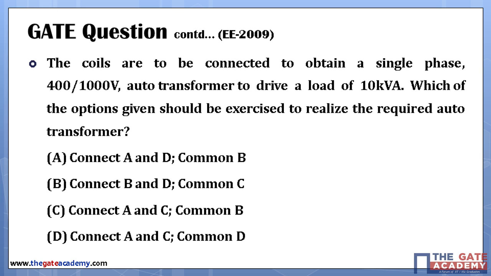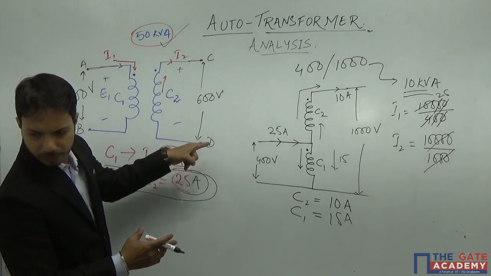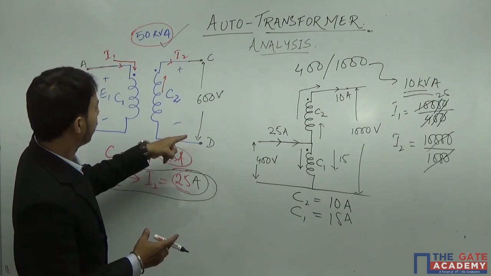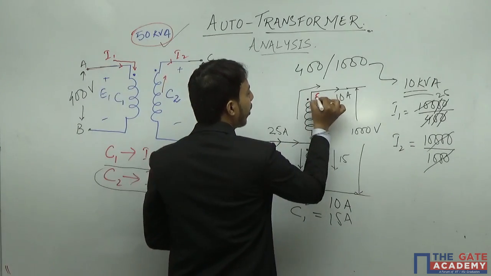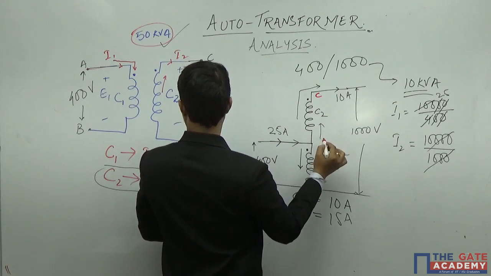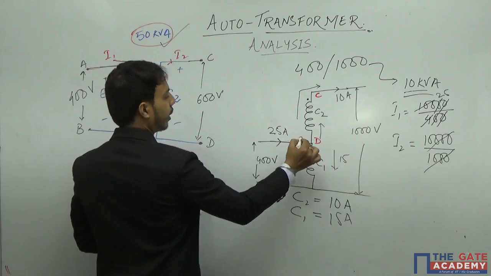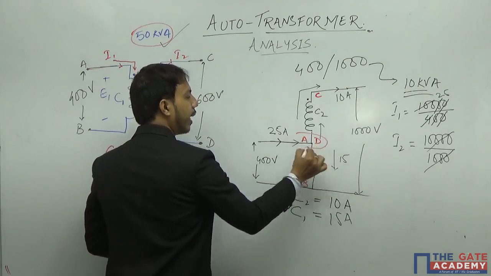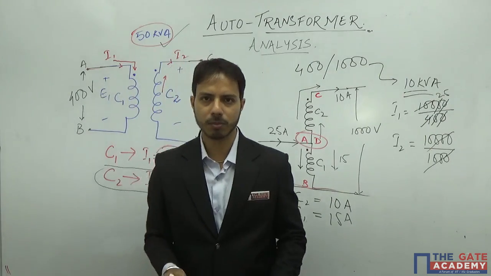What I have done here is, this is my C point and this is D, and I have connected A and this is B. So I have connected A and D and I have made B common.